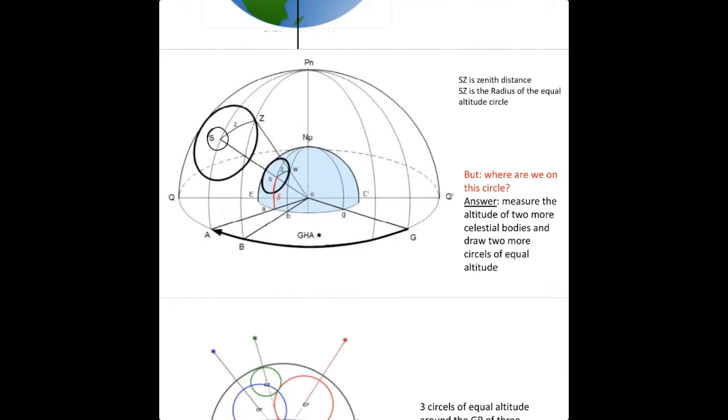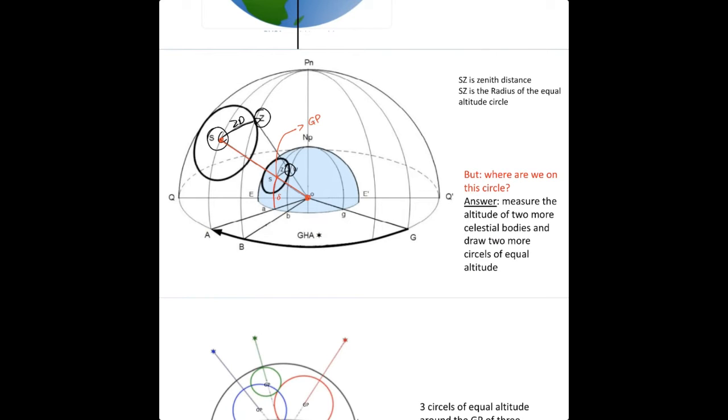This is your celestial body. This is your position. This is your zenith. The difference between the two of them is the zenith distance. Then if we determine the celestial body's geographical position, we find the intersection between the line going from the celestial body to the center of the Earth. This is our geographical position.